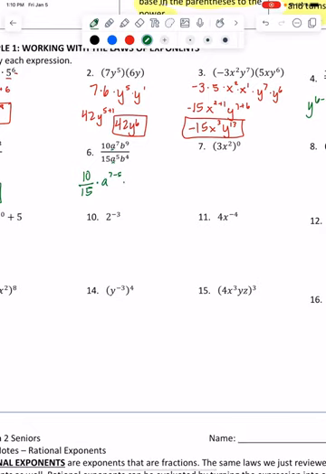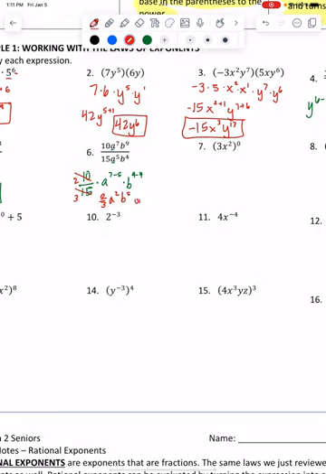And then same thing here. The b's are being divided. So we're going to subtract those exponents. And then with this 10 over 15, we can divide a 5 out of both of those and make it 2/3. And then that would be a squared b to the 5th.